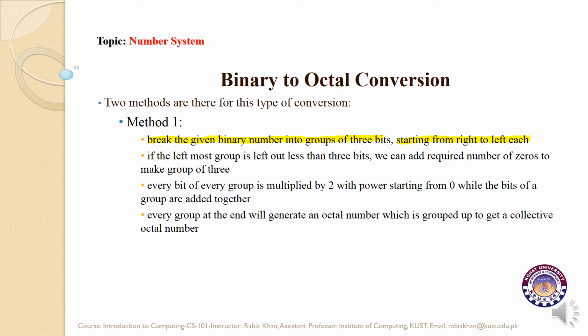So a binary number is divided into groups of 3, and this division is done from right to left. Now, if the leftmost group has fewer than 3 bits, then we can add the required number of zeros to make the group of 3 complete.